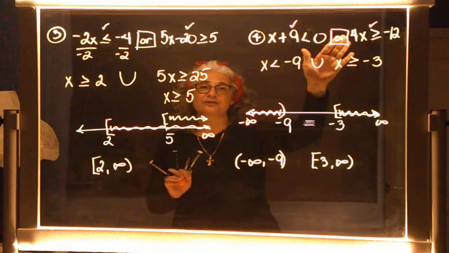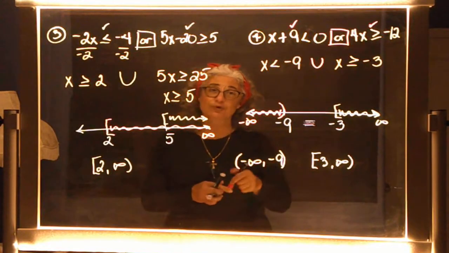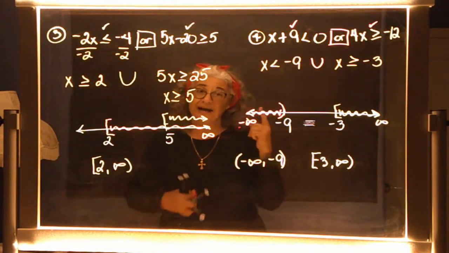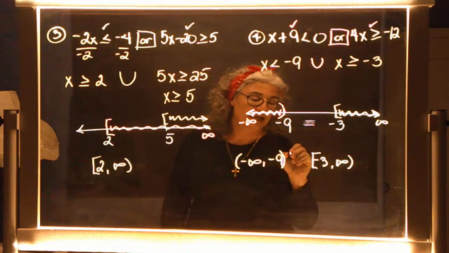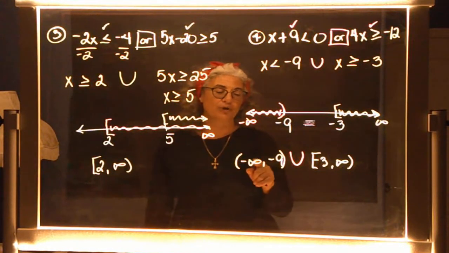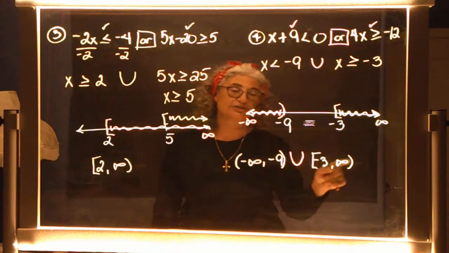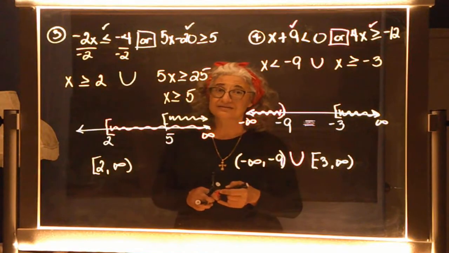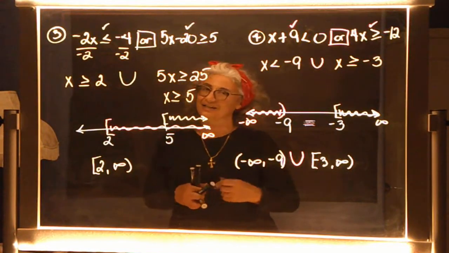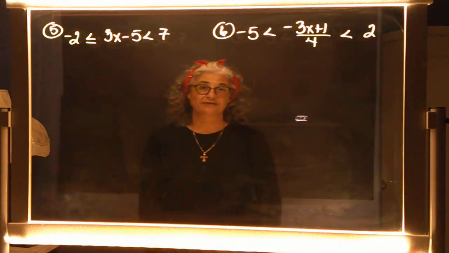So, since this was an or problem, or a union problem, then I am going to connect these two by the conjunction or, and the symbol I use is the union symbol. So my x's are in this interval or this interval. Got it? Okay, hang in there. Got a couple more problems for us. Okay, so let's look at problem number 5.